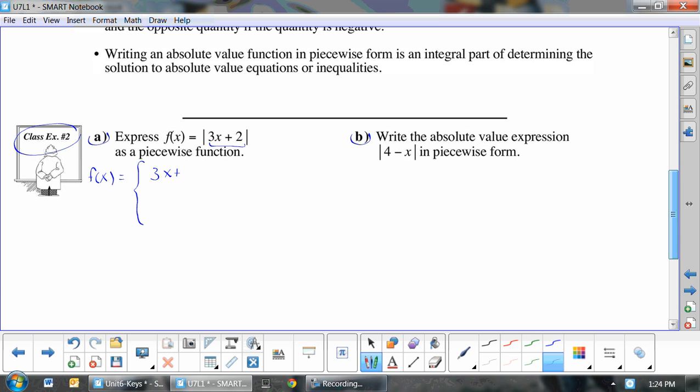So we go 3x plus 2, and then we say, okay, 3x plus 2 is greater than or equal to 0. So we know that's the positive part. And then for this side, we go 3x plus 2 in brackets with that negative, and we know that it's the negative part.